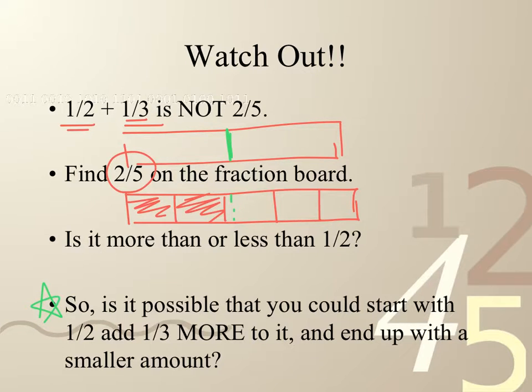So the question is, is it possible that you could start with 1/2, which is what our equation started with, add 1/3 more to it, and then somehow end up with a smaller amount than what we began with? It's not possible. Adding is putting more to something when we're dealing with just positive numbers, so it wouldn't make sense to end up with a smaller amount than what we began with.